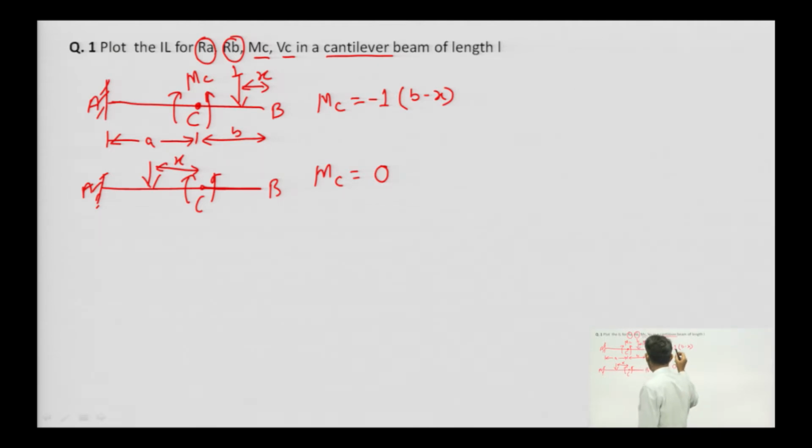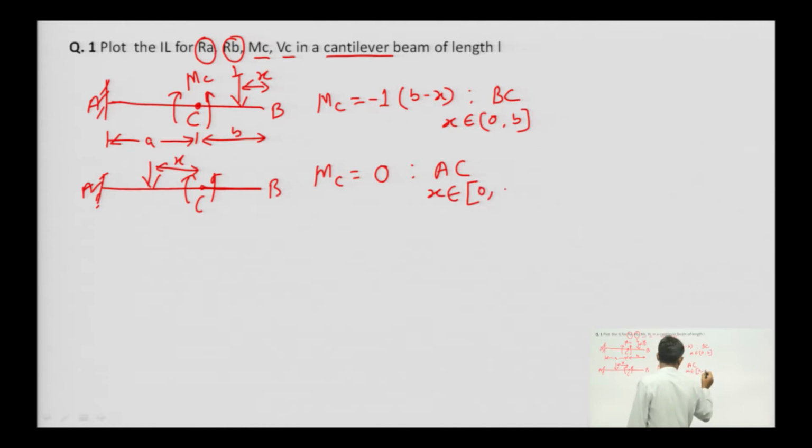This one is valid only for BC, and x ranges from 0 to B, and this is valid for segment AC, and x ranges from 0 to A.